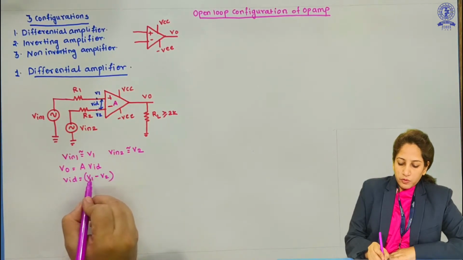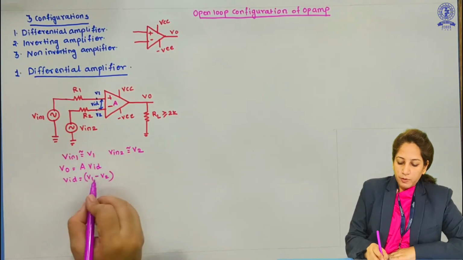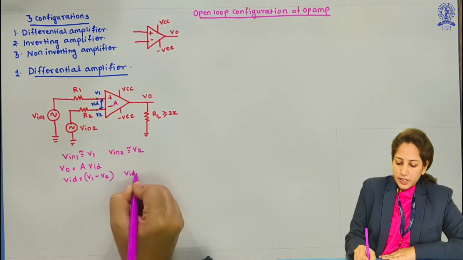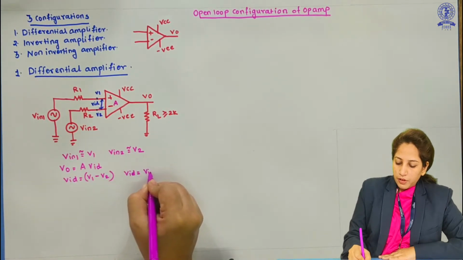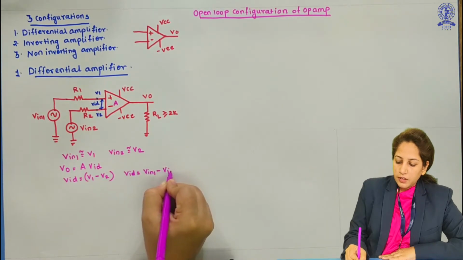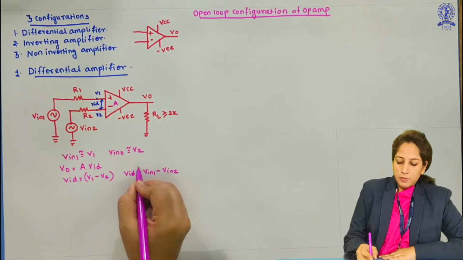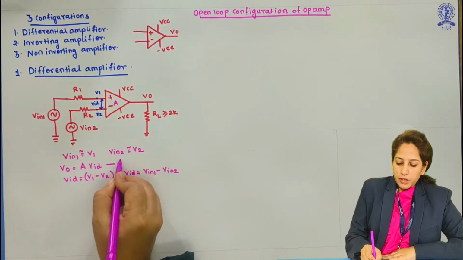Okay, so now we will substitute these values of V1 and V2 in this equation. So VID is equal to Vin1 minus Vin2, and this VID we will substitute in our equation number 1.